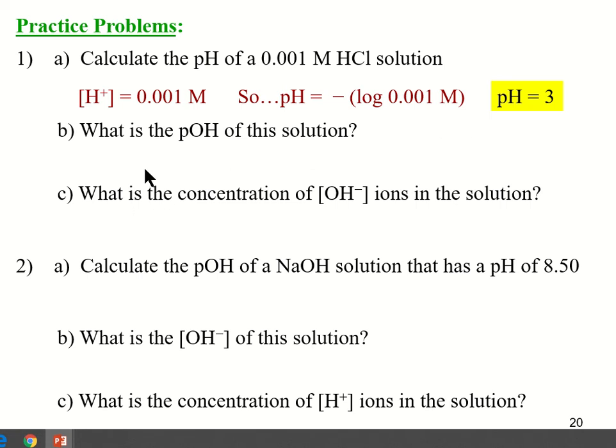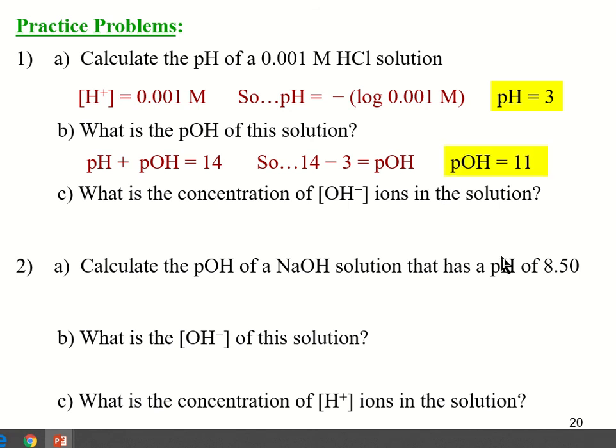What about the pOH? We can use the fact that pH plus pOH is 14, and I can just subtract the 3, so I can see that the pOH would be 11. pH is less than 7, so it's acidic.